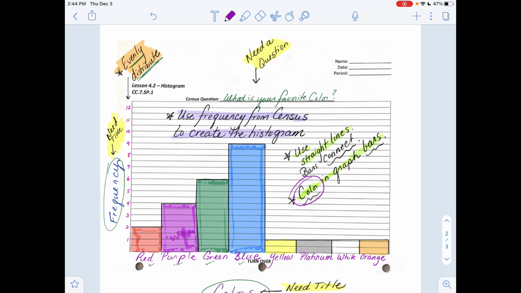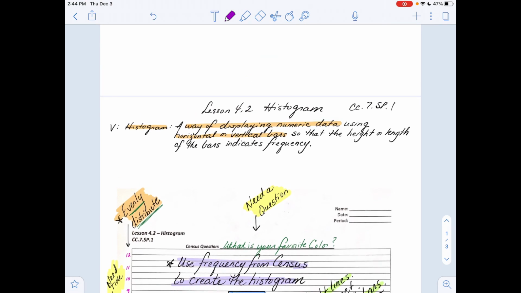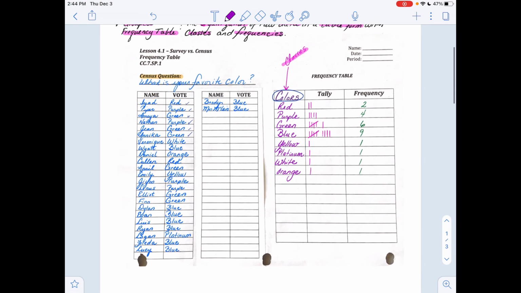So it's another way for me to really see what my answers were from my census, just a visual organizational chart. So again, organizational charts to get information are our histograms and our group frequency table, and our census is getting information from people, but making sure we get everyone included for it to be a census.